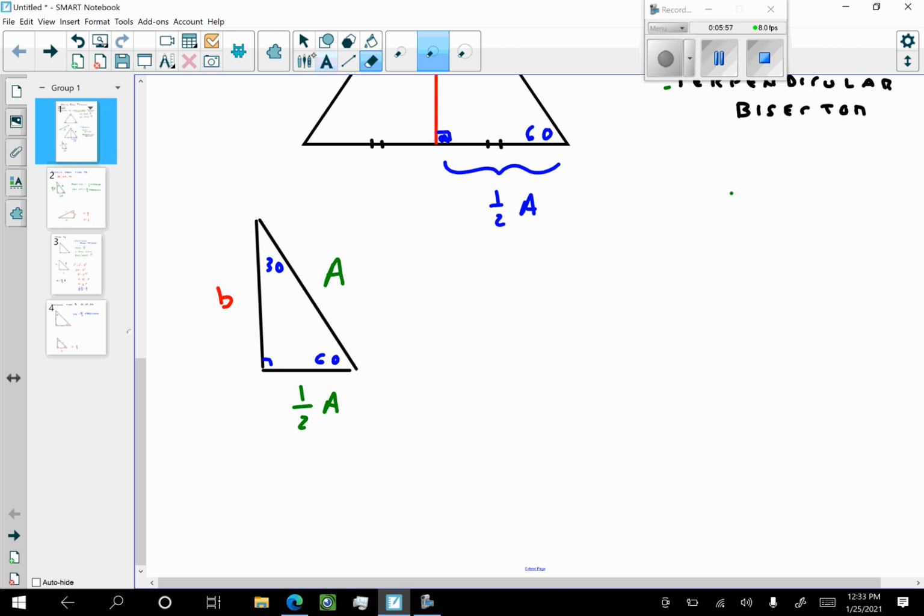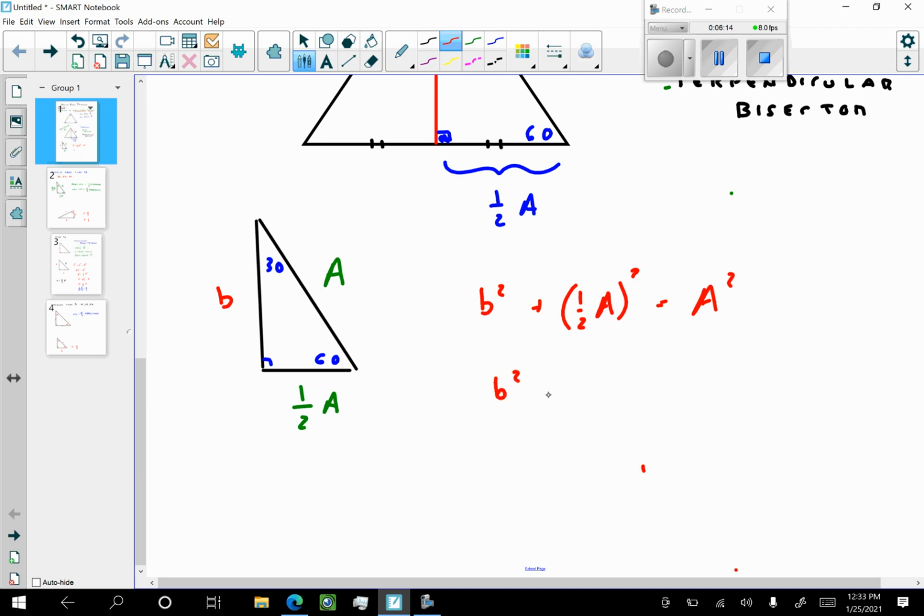We'll do just the Pythagorean theorem, which we've been reviewing. B squared plus 1/2 A squared is equal to A squared. Well, what is 1/2 A squared? This is B squared plus 1/4 A squared is equal to A squared.